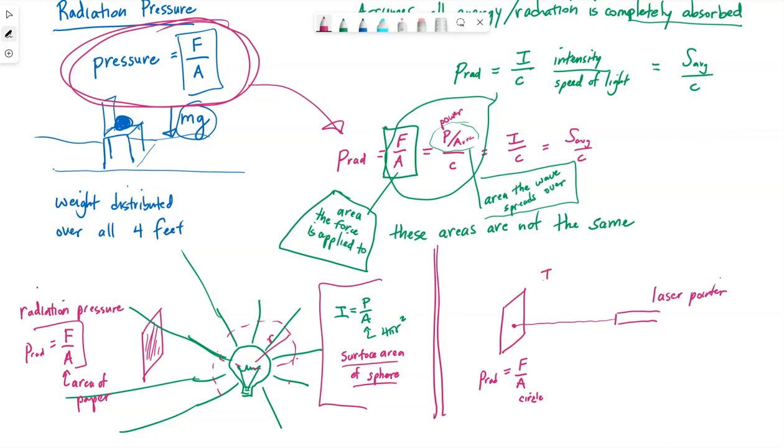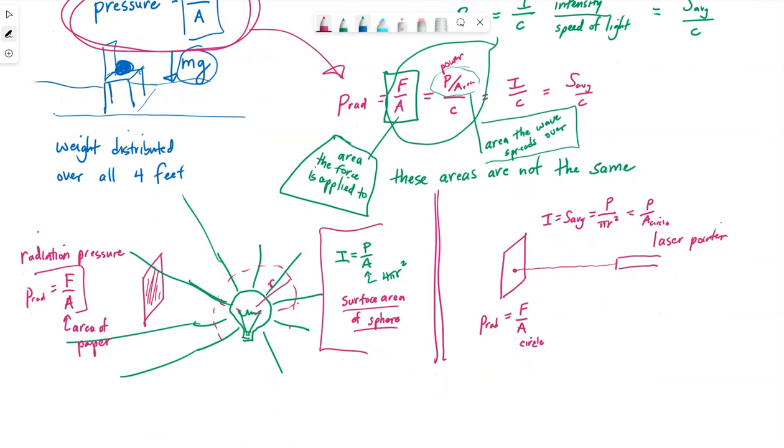The intensity of this light is the power of the laser pointer divided by this little circular area that the light spreads over. So in that case, the areas would be the same.